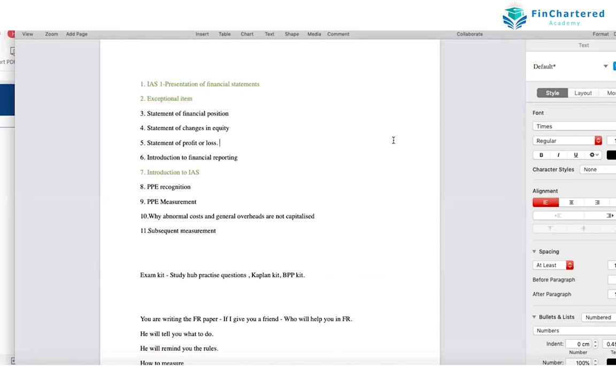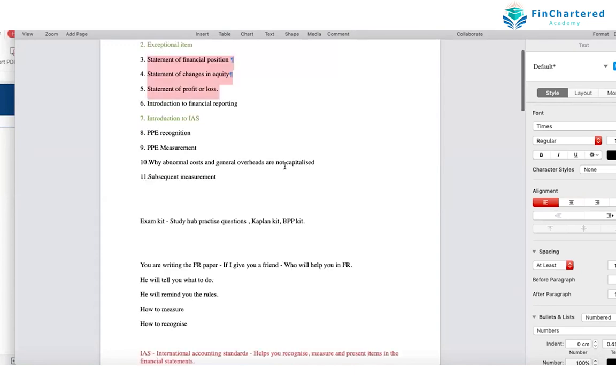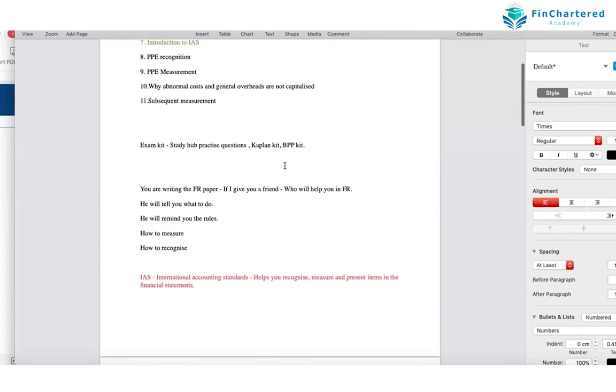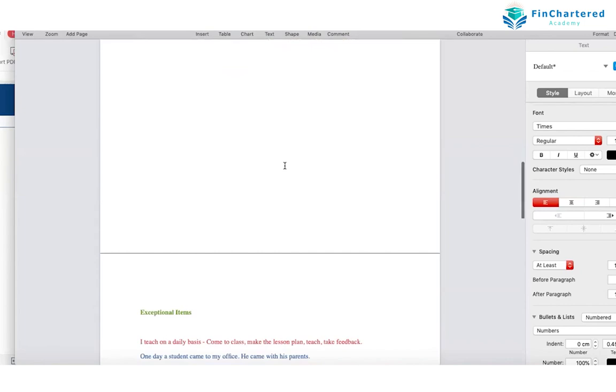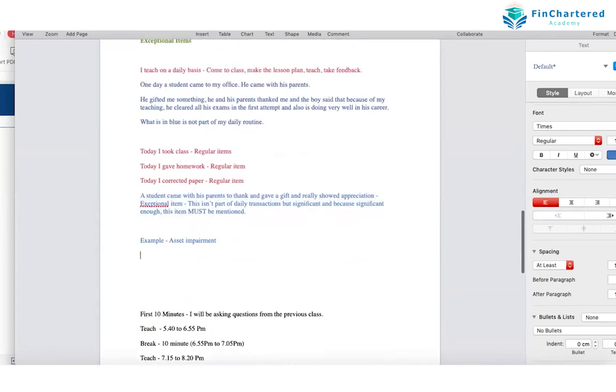Then, although you need to be knowing this, especially if you're somebody who's done FA, I don't know how many of you did FA, but these financial statements, you need to know what it is. But even if you don't know, again, I will help you. In a way, you will remember it and we will finish it off fast also.